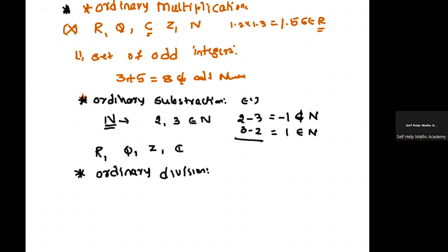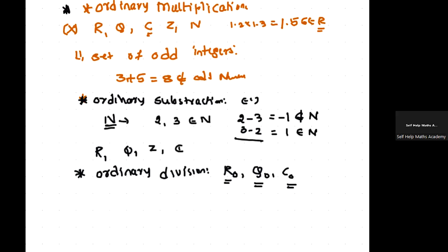We can denote these as R naught, Q naught, and C naught, which exclude zero. If I take 0, then anything divided by 0 is undefined. Hence we have to take the non-zero real, rational, and complex number sets. Then ordinary division becomes a binary operation.